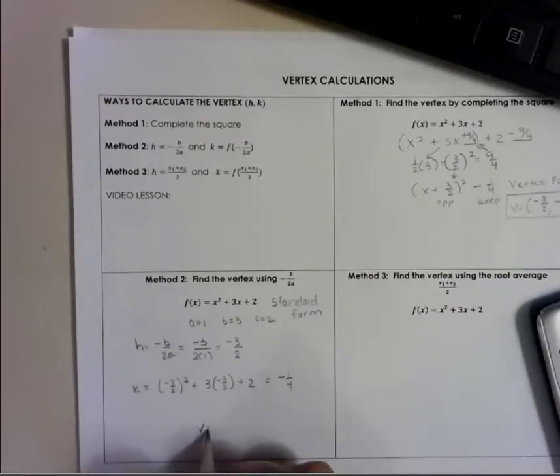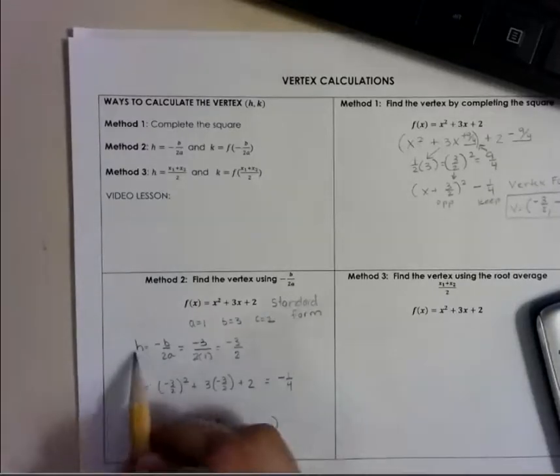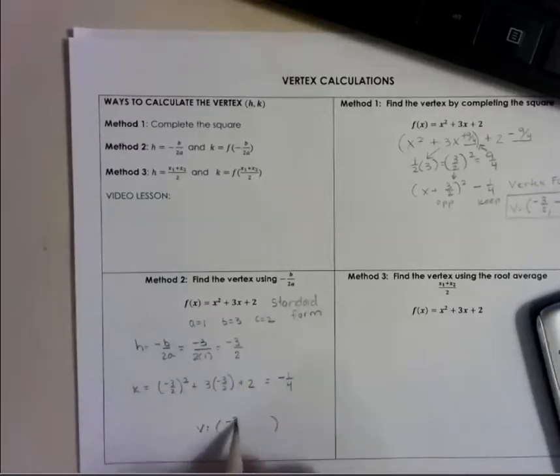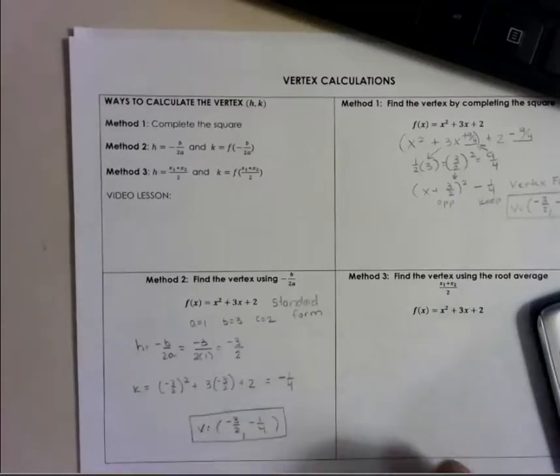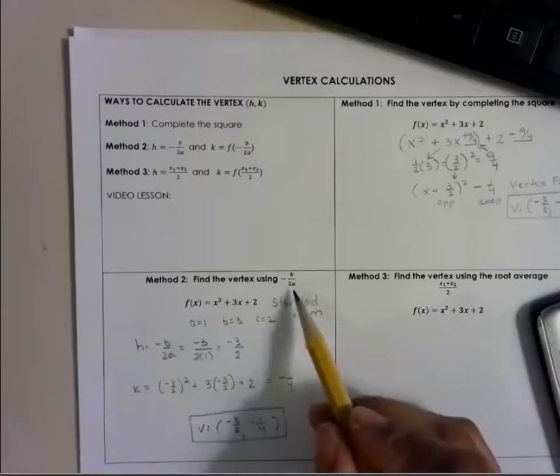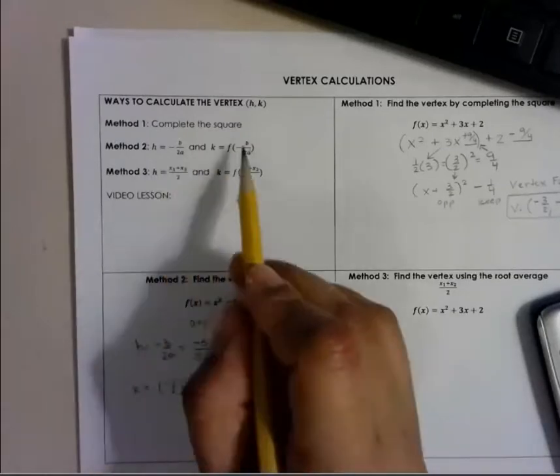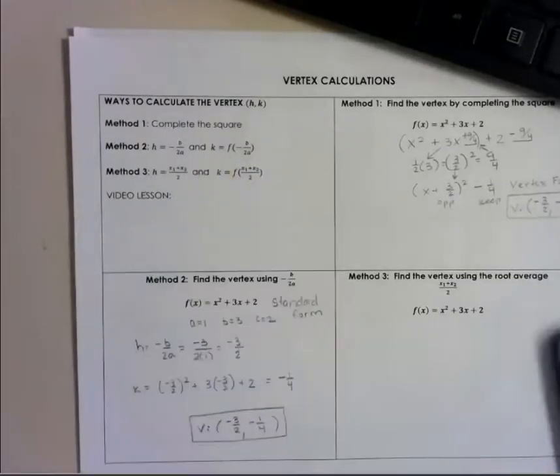So your vertex is your h value, which is negative 3 over 2, and your k value, which is negative 1/4. And if all you need is the vertex, then this is the method that you need to be using. Negative b over 2a for h, and then plug it into the function to get your k.